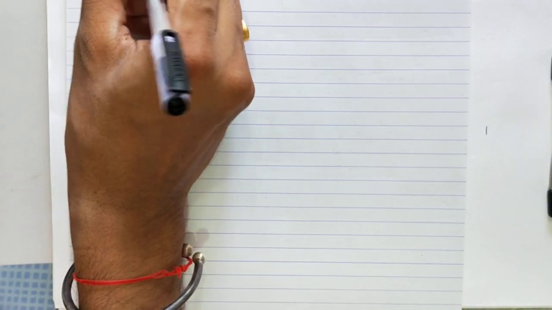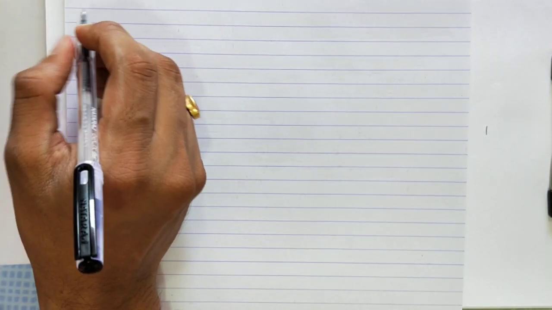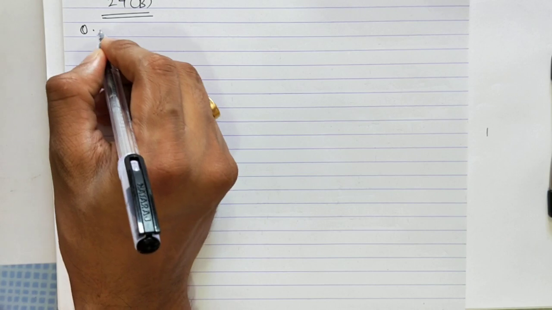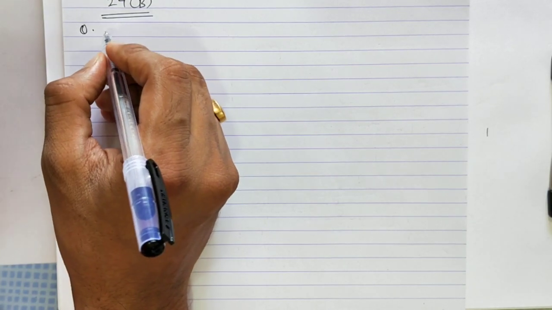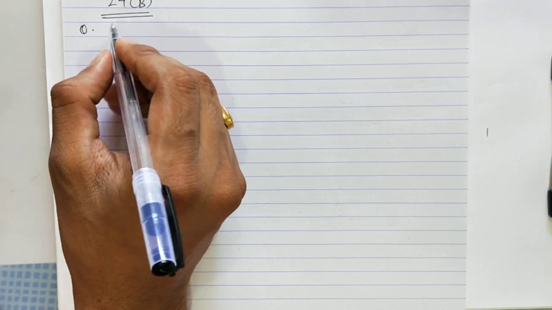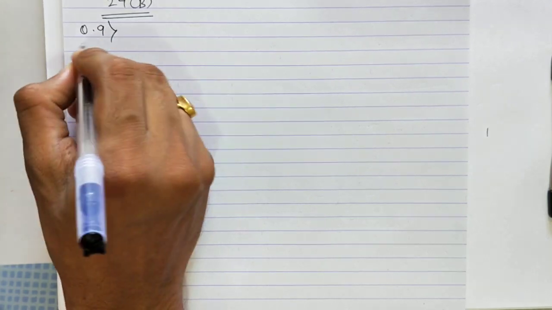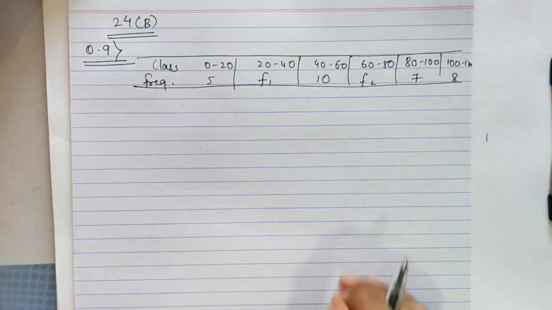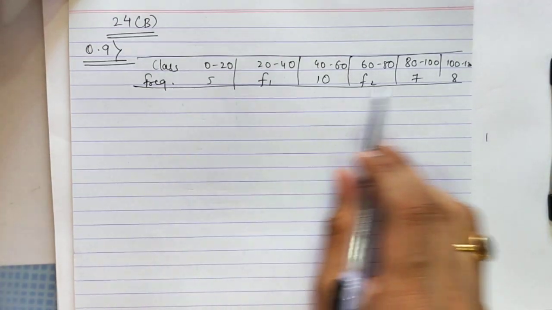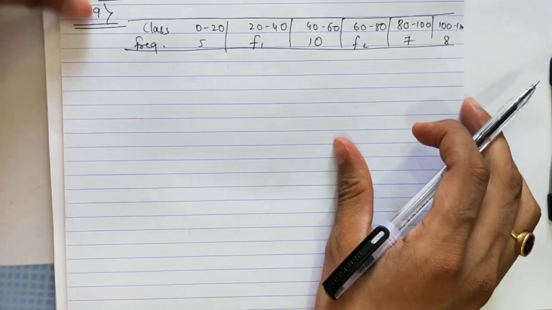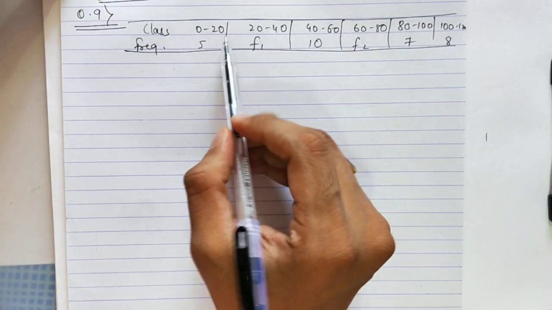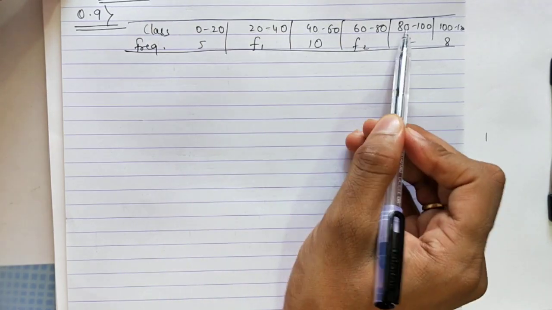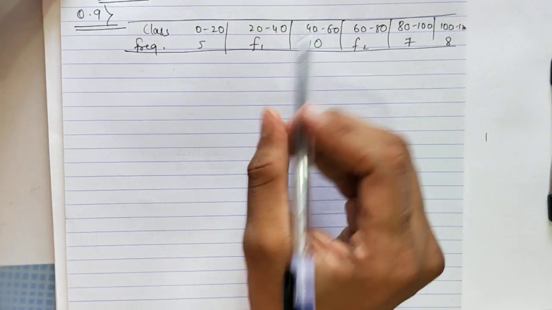So exercise 24B, question number 9. This is the question. Now here you see the class interval is given in range, so we know we have to find the mid values x.